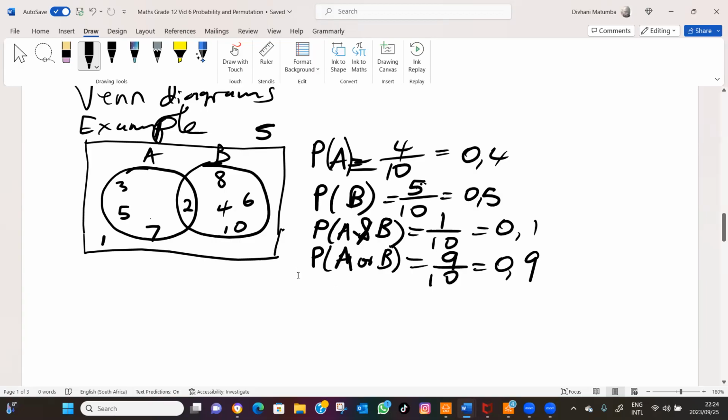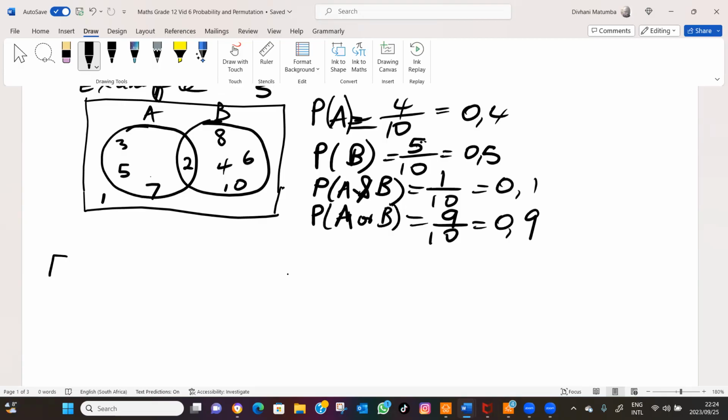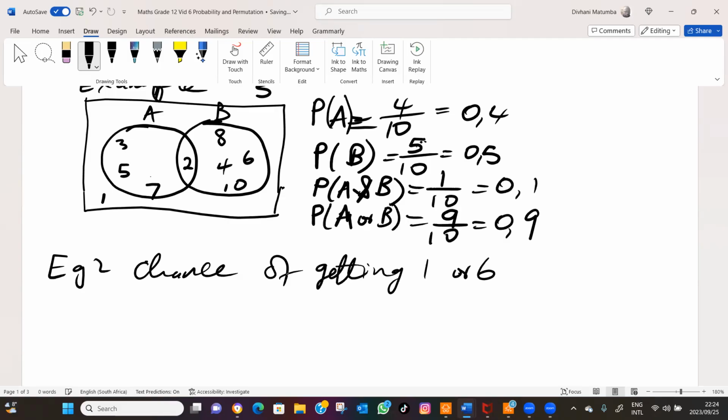Now, another example. What is the chance of getting 1 or 6 if you roll a dice? The dice has 6 numbers.